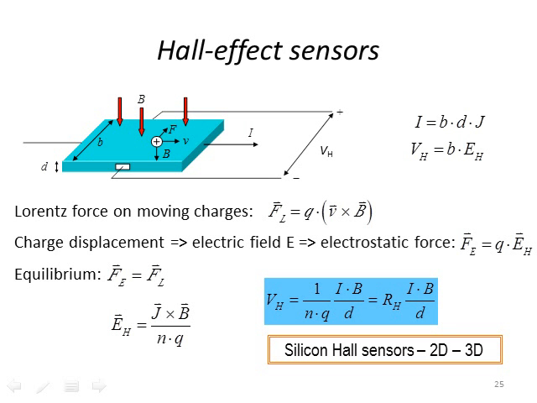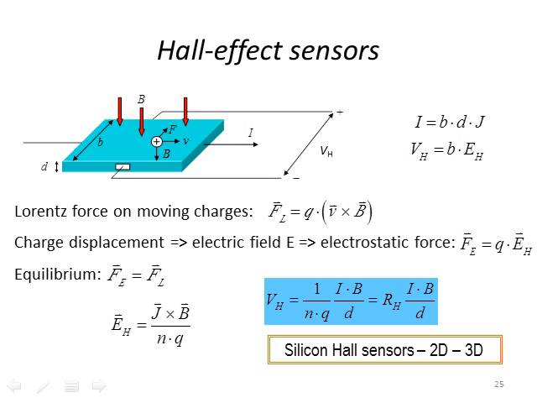And what this does is apply a force on the moving charges, and this is called the Lorentz force. We calculate that by F_L equals Q times v, which is the velocity of the carriers, cross the magnetic induction B. And the charge displacement gives you an electric field, which gives you an electrostatic force, and we get an equilibrium where the Lorentz force is equal to the force from the charge displacement.